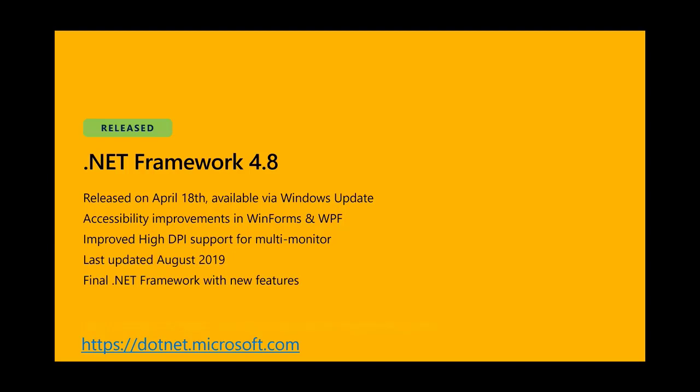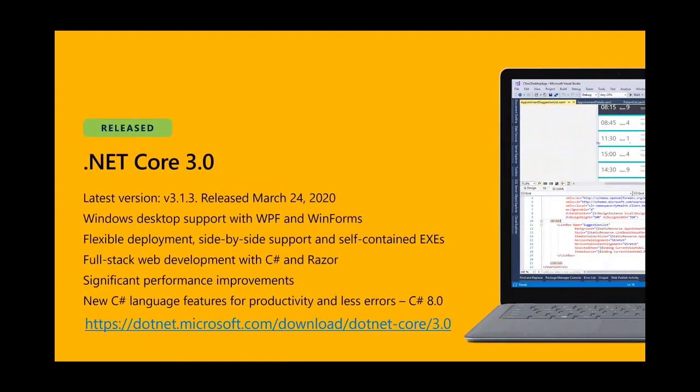So going forward, it's in maintenance, and it will receive regular updates with respect to security and maintenance. And if you don't know, you can find everything .NET related at net.microsoft.com.